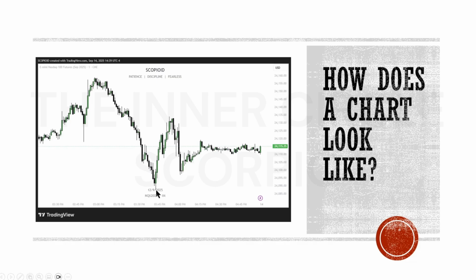At 3:45 p.m. the price was at 24,090. Now somewhere between 3:45 and 4 it was at 24,135. So if you look at the chart with respect to time and price, it will tell you at which time the price was at what point. This is how you look at it.